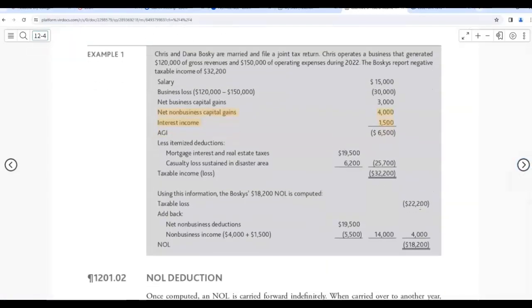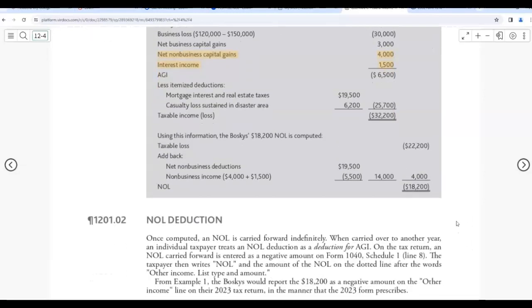So that was a good example. Yes, it had two typos, but just fix those typos in your brain. So here is the 2,200, which is coming from here, and then 14,000, which is coming from here, and the answer is 18,200, and you carry forward.